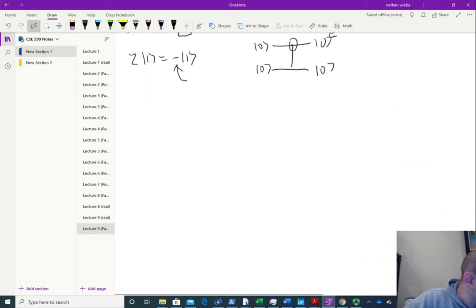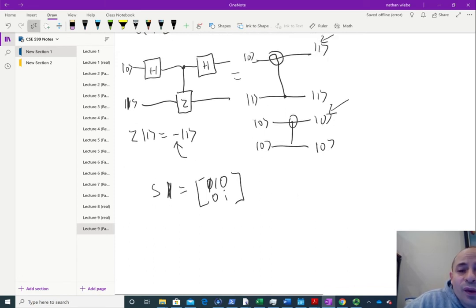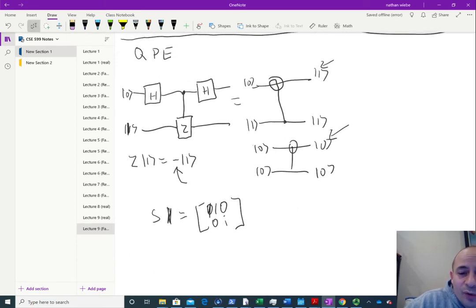So now let's do a slightly more complicated case. Let's say what we want to do is we would like to be able to figure out the eigenstates of the S operator, where S is equal to, again, 1, 0, 0, i. Okay, great. So now we're going to need a little bit more machinery.